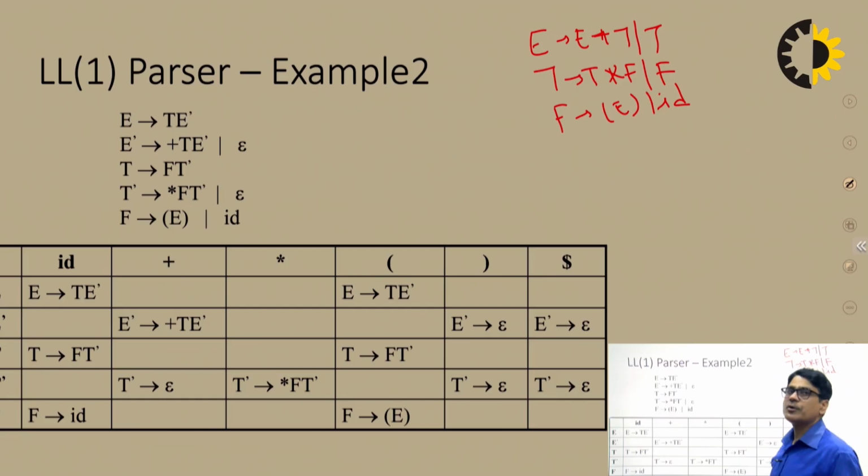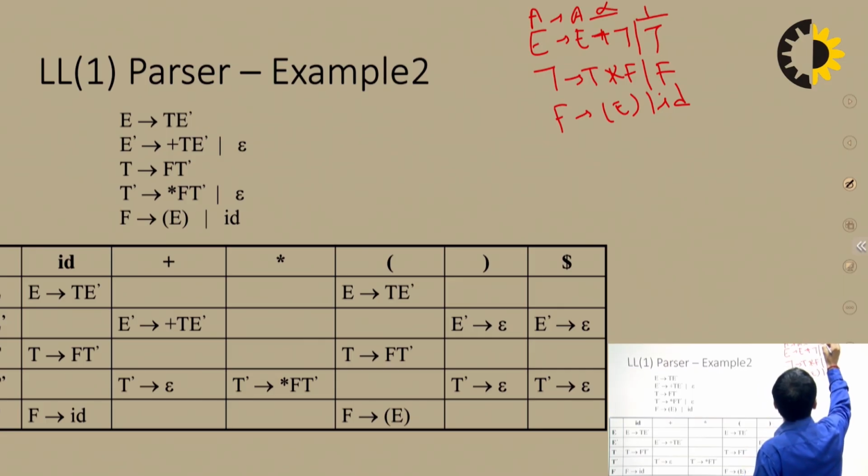The first most important thing is what? Firstly, you have to eliminate the left recursion if it is there. So you will find that in this production, A produces A alpha or beta. Similarly, you will see that A produces A alpha or beta.